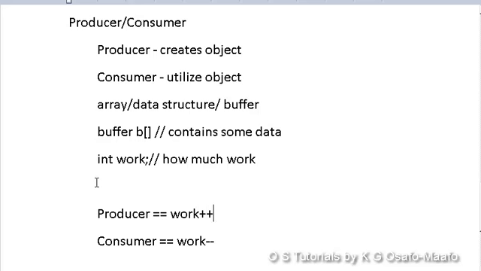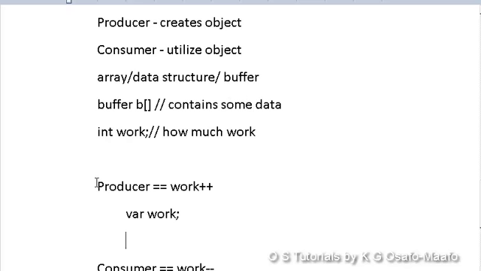But even this, that looks like one instruction, actually could be several instructions. So there's a variable called work. The computer is going to copy work into a register. A register means some storage location on the processor. So let's say register 1.